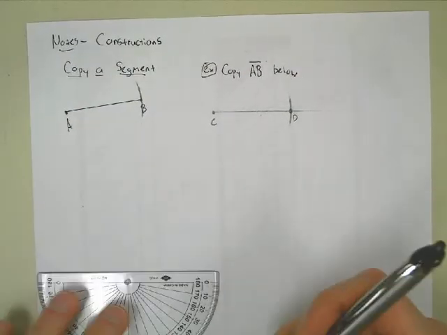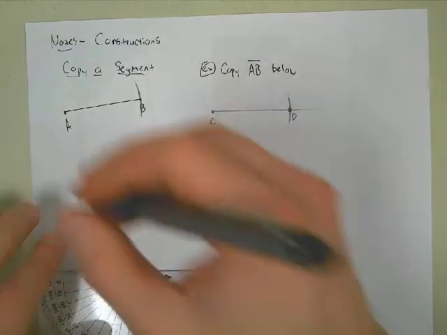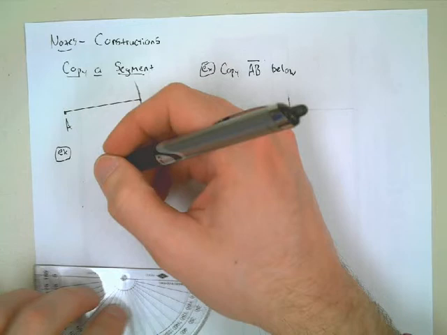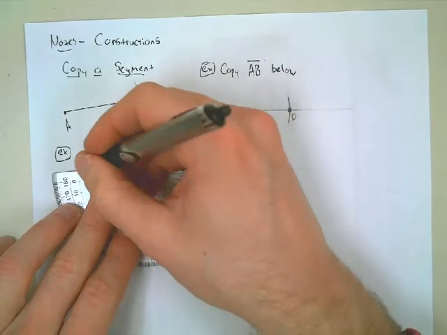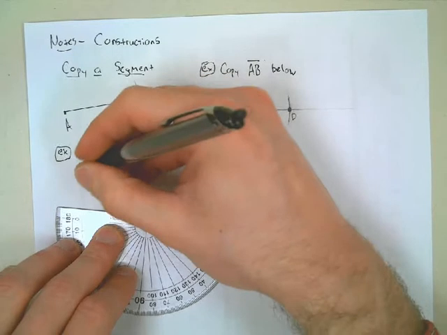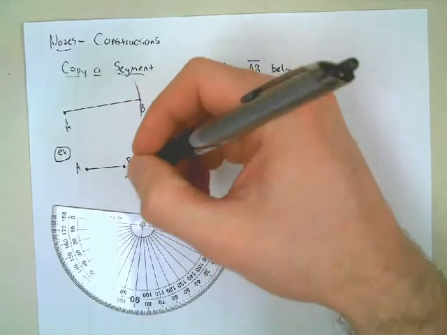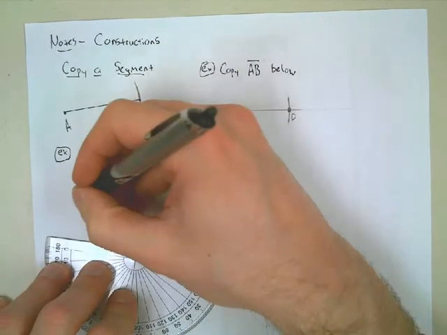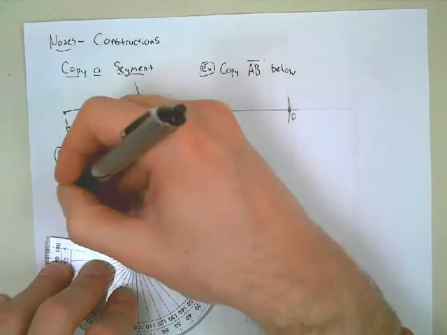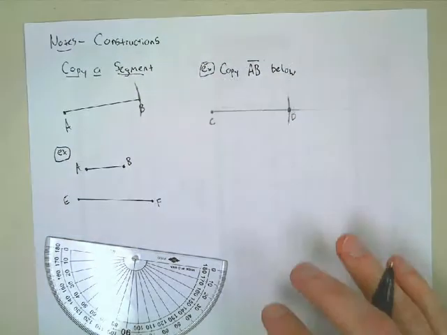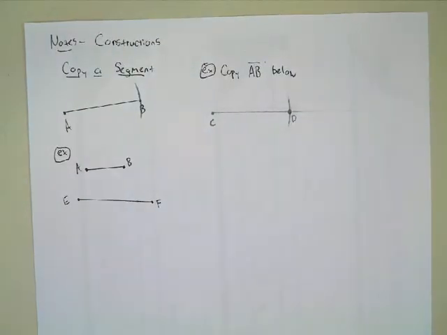So using that same kind of skill, now I'm going to start out here with another example, all right? I'm going to start out with segment AB here, and then I'm going to do a longer segment, EF. Okay, so I'm going to draw us two segments.